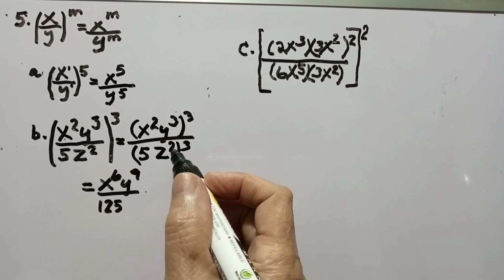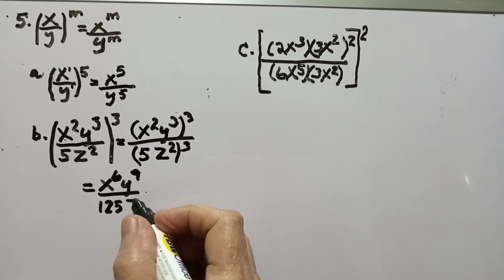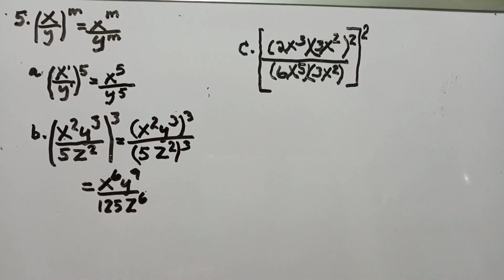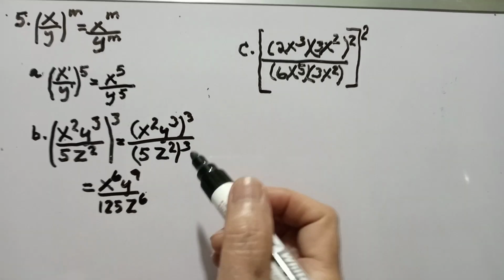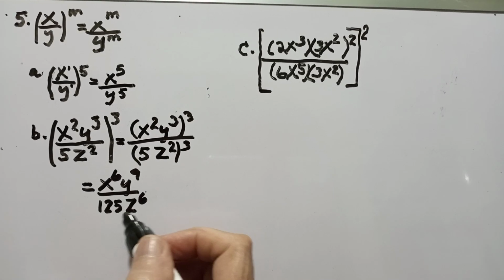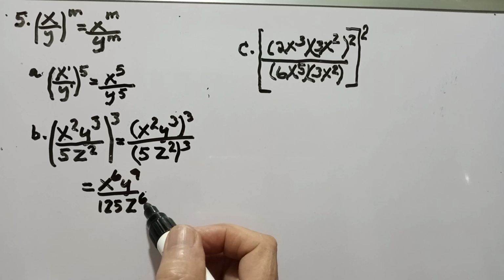And then z to the 2 times 3 equals 6. So the answer is x to the 6, y to the 9 over 125, z to the 6.